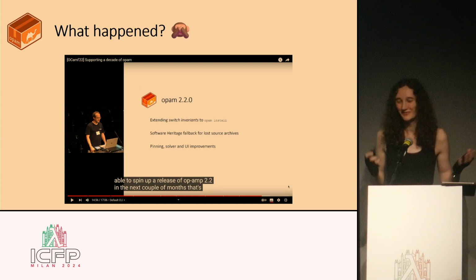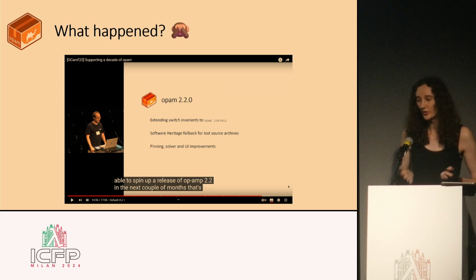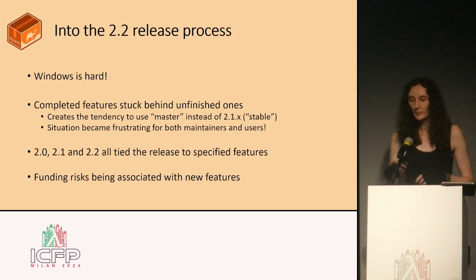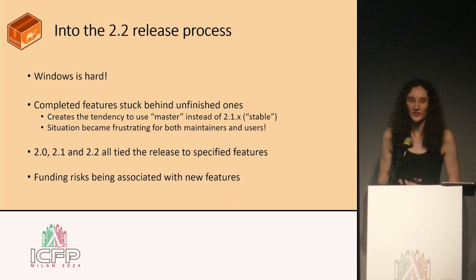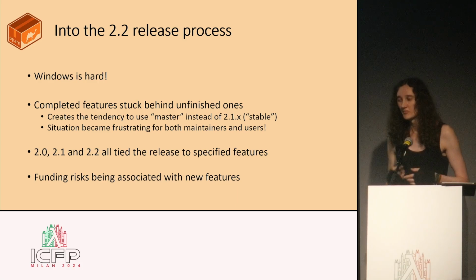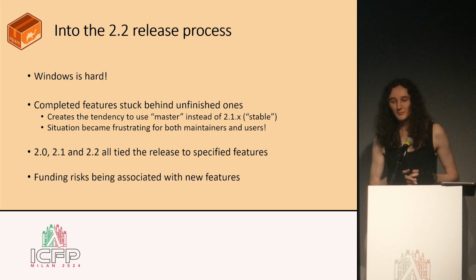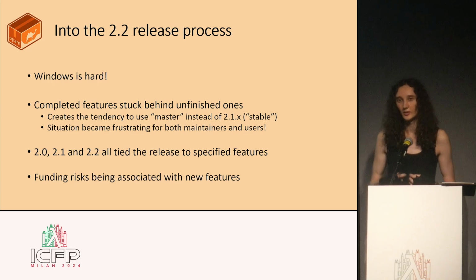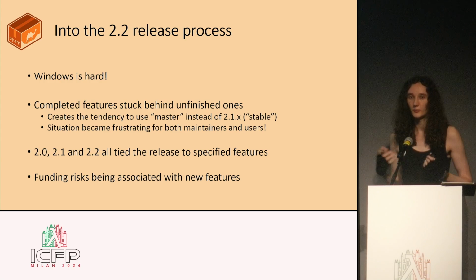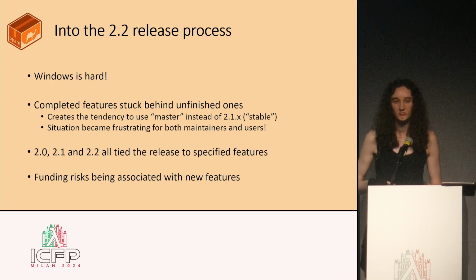Well, that didn't really happen, so Opam 2.2 was released a couple of months ago instead. So what happens? Well, you can imagine Windows is hard. David is pretty knowledgeable about Windows, but some of us are not, so we had to learn a lot of things that are Windows specific, so C API, PowerShell, many things.